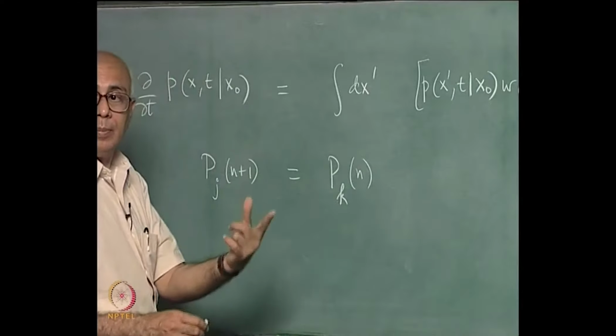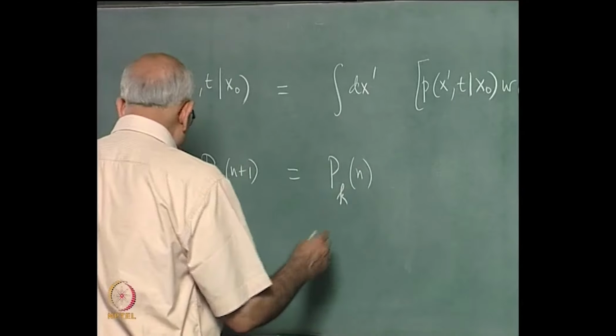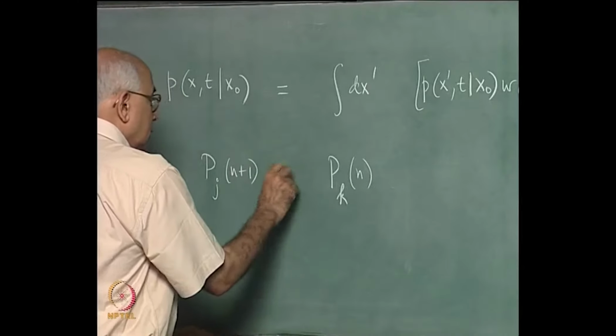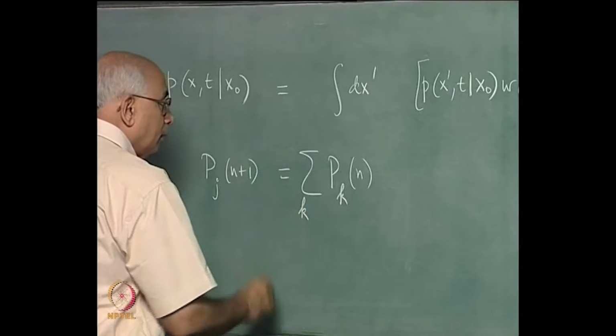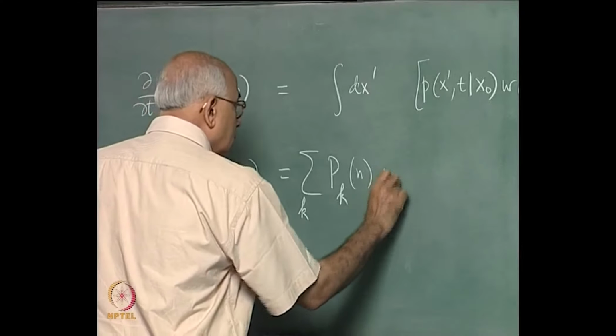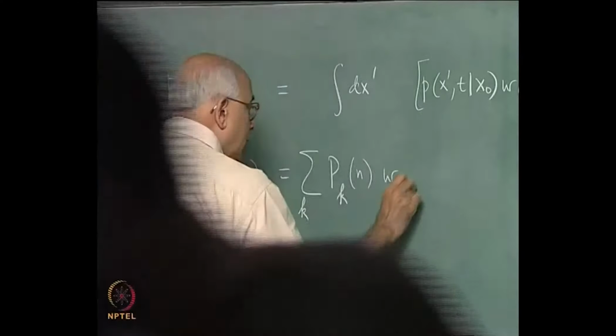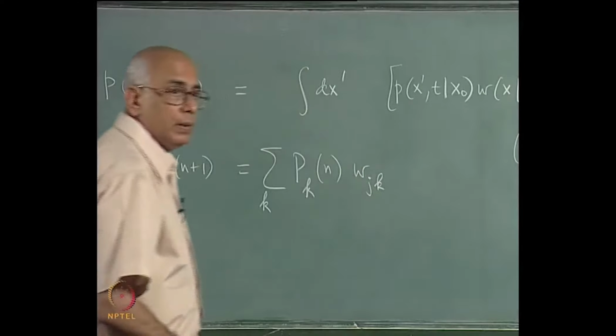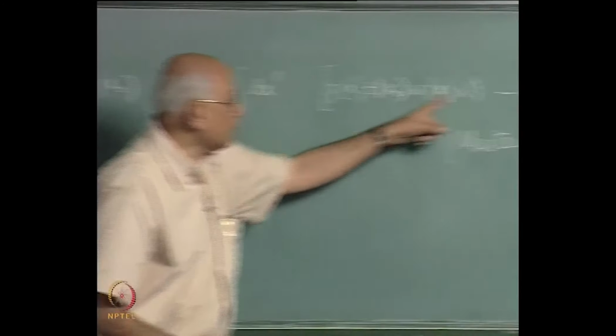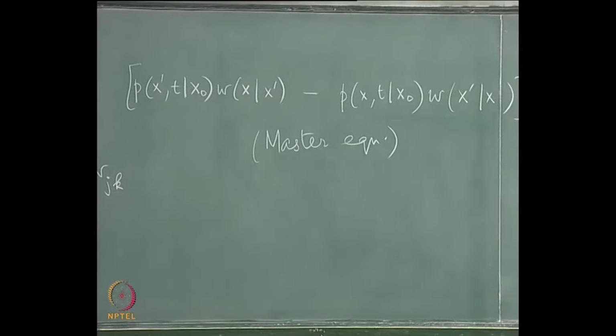So in one more step it jumps to this point, and in our notation this thing is a summation over k, and in our notation this is a transition from k to j. The way I have written it from x prime to x, I write this as from k to j.